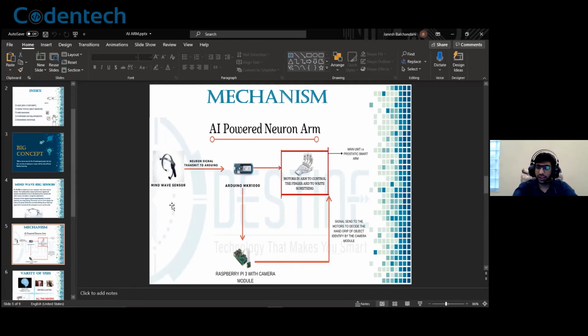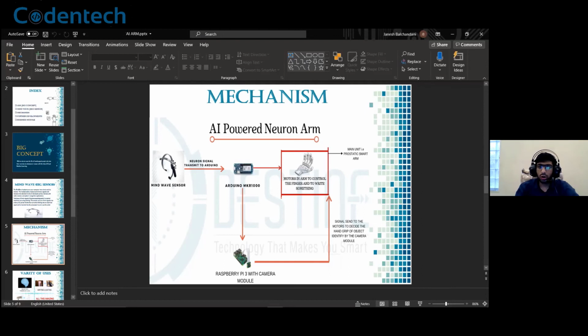Now you will understand how I am using AI and ML to change the world. I first take the information from the person's mind and send it to a microcontroller or processor that processes and reads that information, and then runs the robotic arm, moving the fingers and motors of the robotic arm.